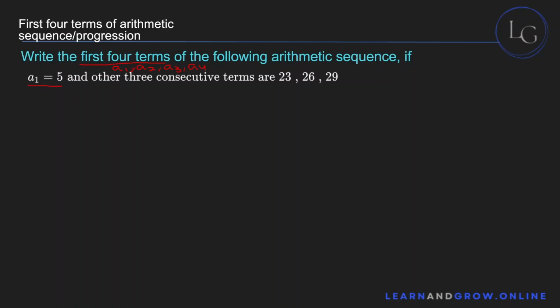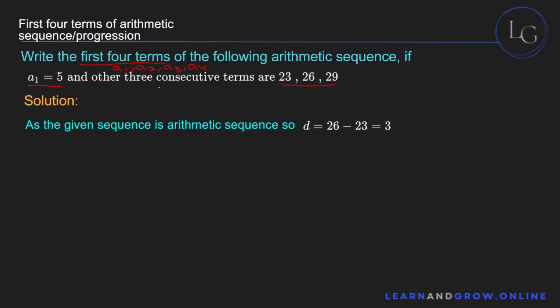And in this arithmetic sequence, these three consecutive terms are given to us. Now, we have to find a1, a2, a3, and a4 using this information given. Now, remember that in an arithmetic sequence, the common difference, or d, that's the first thing you have to find.